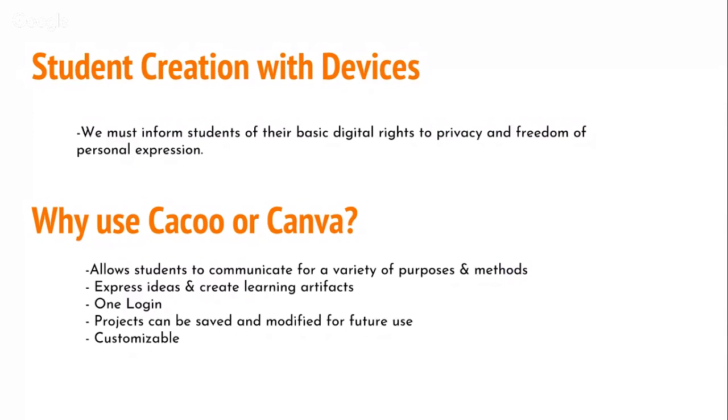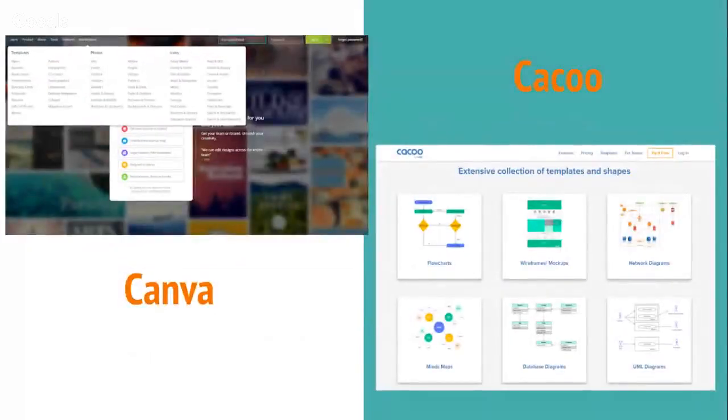So why use these digital tools? They are great because they have one login that students can utilize with their Google email address through the district, and they can express their ideas and create customizable learning artifacts. So these are what the two home pages look like for both websites. And as you can see, they have much to offer.